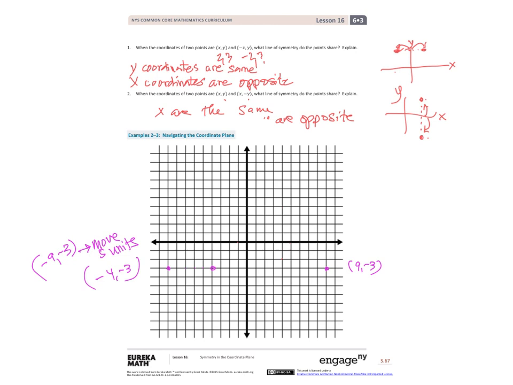So reflect over the y-axis. Here's my x, here's my y. I reflected over the y-axis, boom, like that. And then I backed it up 5 units, but I stay on this 9, and I'm down -3. I'm still down with that 3. It was -3.